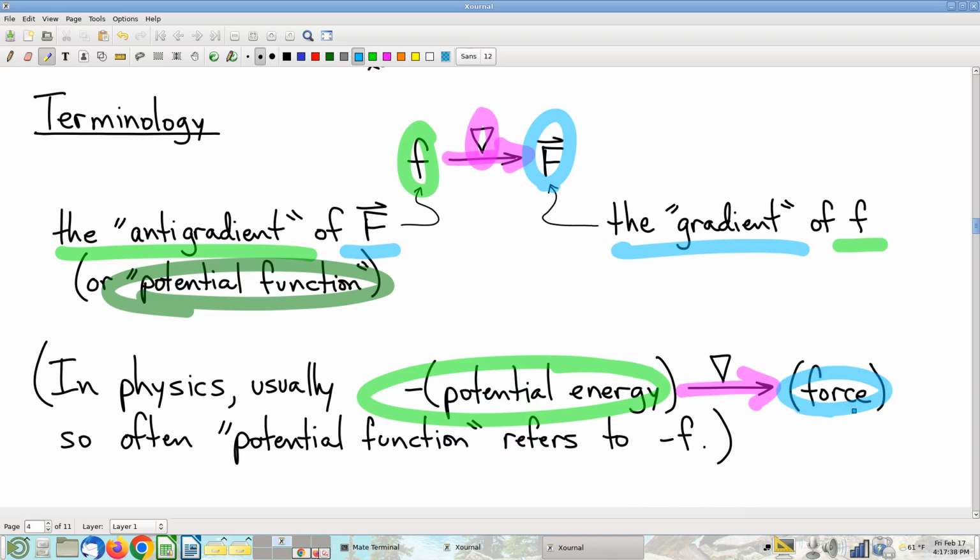So it's very commonly the case when you're doing physics that you're interested in forces and you're also interested in potential energy. If you've ever had a mechanics class, you know that these are the heavy players in doing mechanics. And so what I would call the anti-gradient, well, in a physics context, it's potential energy. So potential function kind of makes sense.